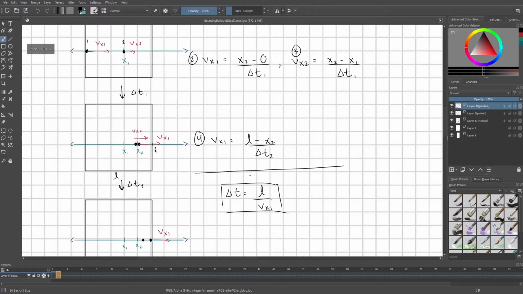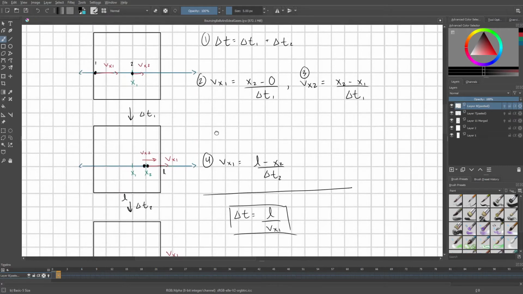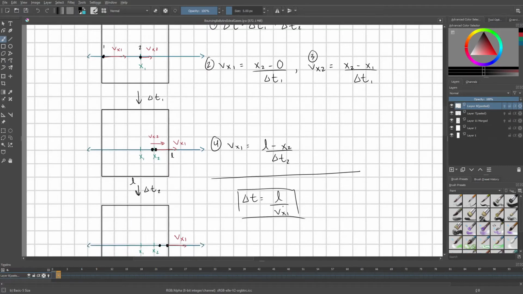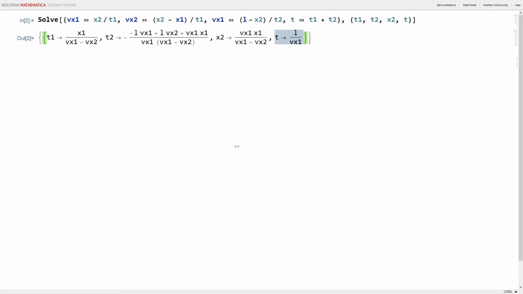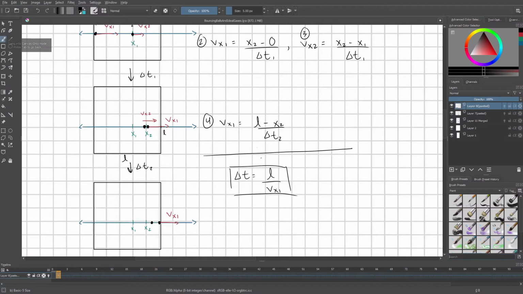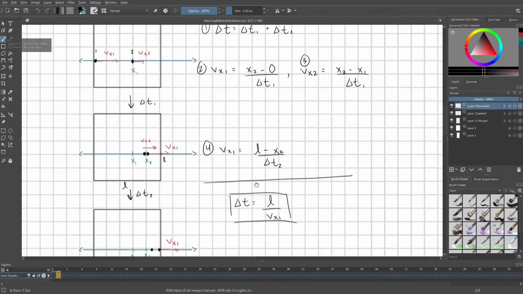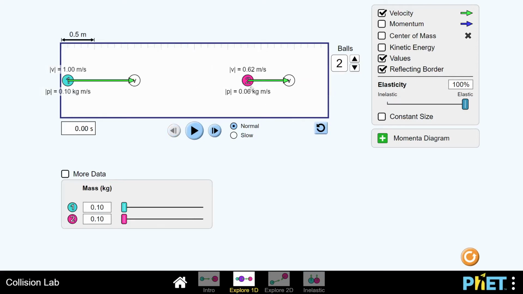And again, you can break these collisions up into these little time chunks, L over Vx1, no matter what the situation is. If you're not convinced by me doing it this way, you can create more scenarios in your own head and do it, or you can go ahead and watch the simulation here, right?